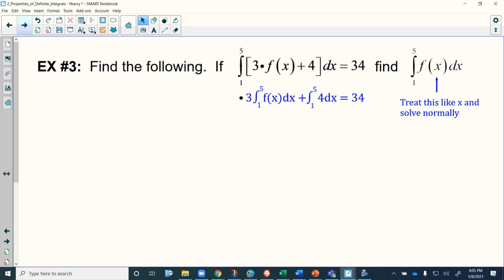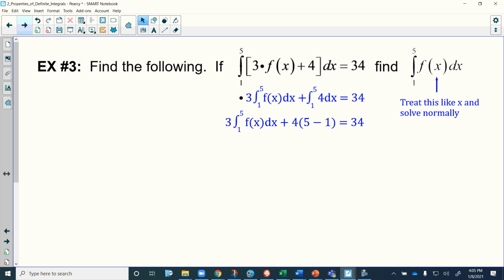So we take the properties of the integrals and we can separate them because we have the constant of 4. It's like saying 3x plus 4 is equal to 34. Now we are going to use the properties a little bit.